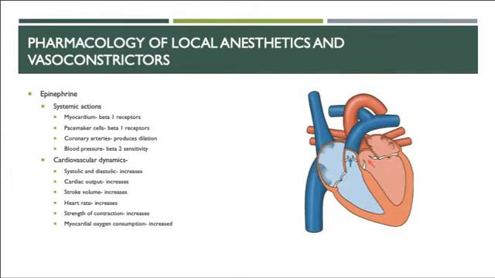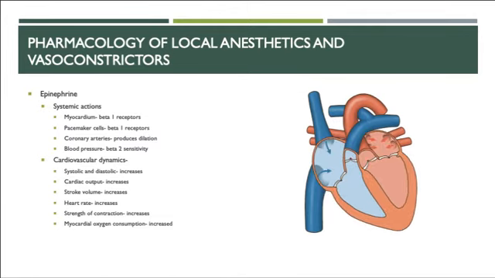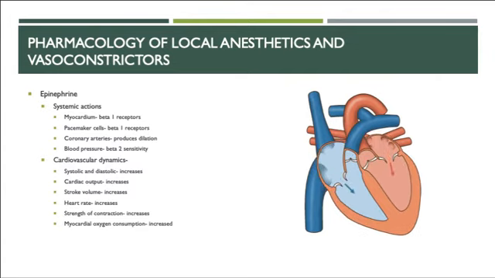Now, it doesn't require that much epinephrine to cause the cardiovascular system to go out of whack. The cardiovascular system responds with an increase in heart rate and systolic BP with only 2 carpules of local anesthetic containing epinephrine, at a concentration of 1 to 100,000.